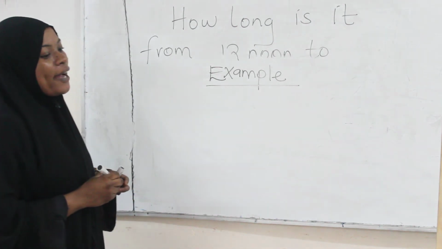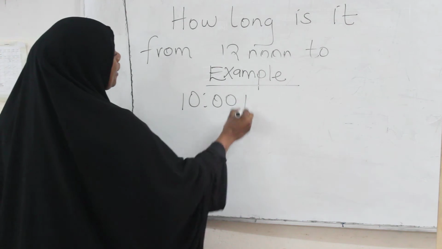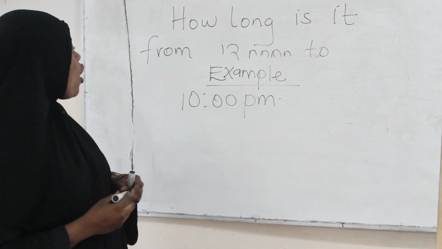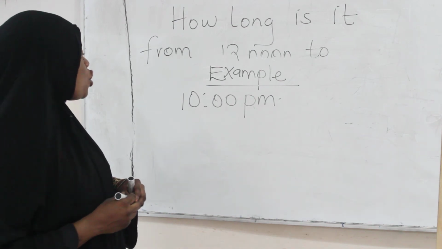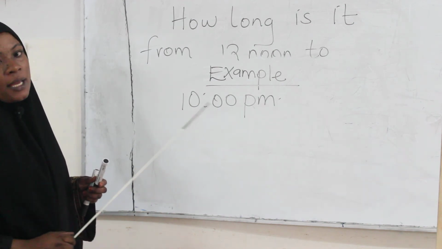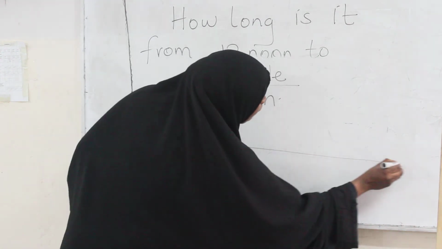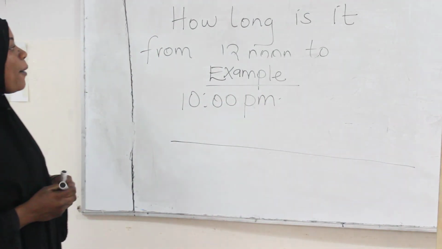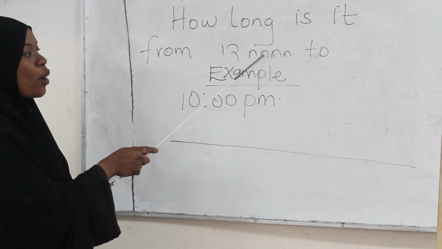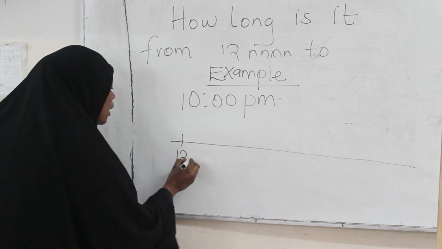In example 5, we have 10 p.m. The question still remains: how long is it from 12 noon to the time given? The time given is 10 p.m. Let's use the timeline. We are using the word from, so we are starting from 12 noon.